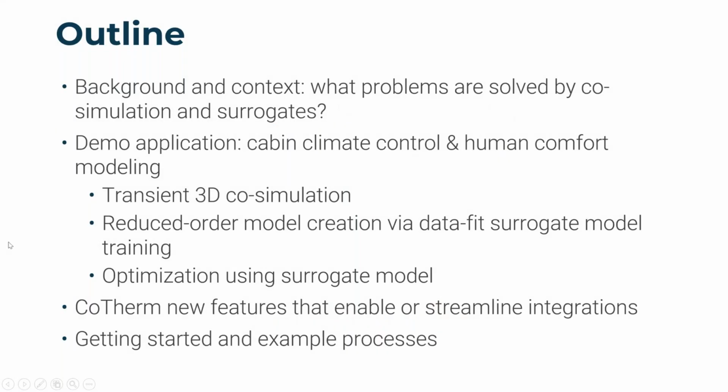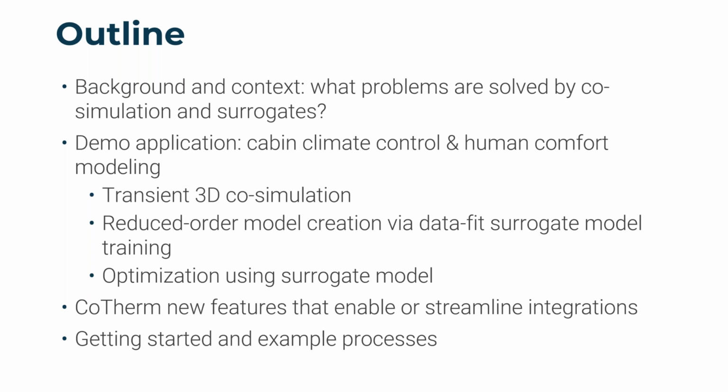Here's an outline of what we'll cover today. I'll spend a little time on some background and context. What is the problem we're trying to solve here, and why do we see the CoTherm software as a good fit for that? We're going to use a demo application, some models for the purpose of cabin climate control and human comfort that we'll use throughout the different techniques we're going to demonstrate.